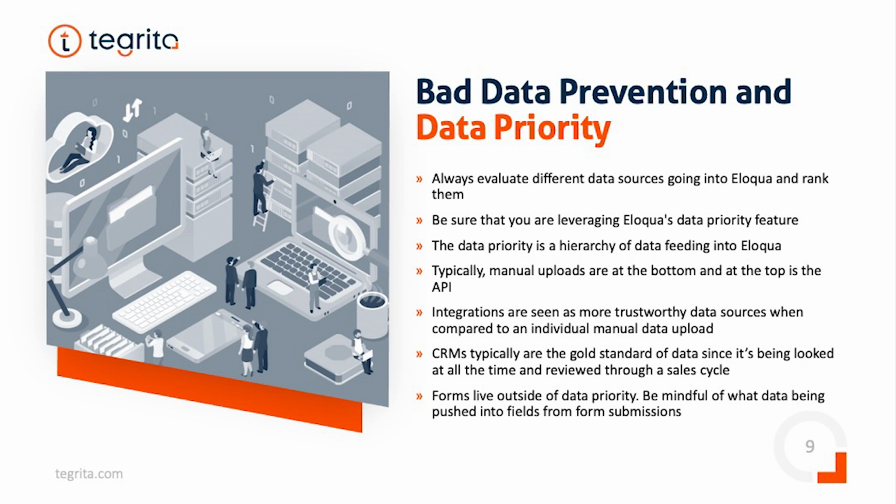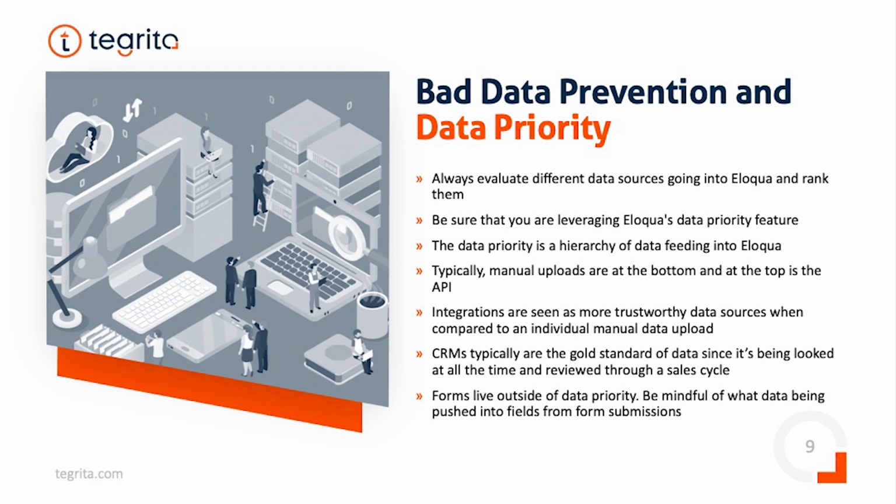So it's much more trustworthy than a list that you maybe got from an event or a trade show or something like that. And so we wouldn't want a list of that nature to come in and overwrite that good data that we got from CRM. So that is really the main reason why we have this concept of data priority.